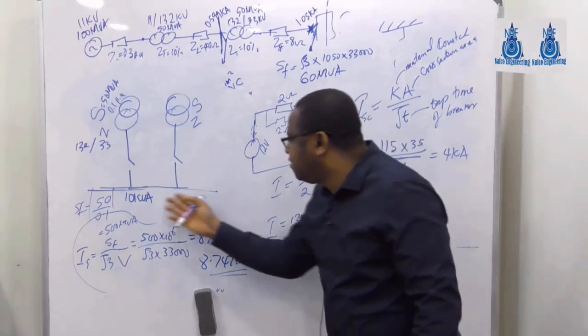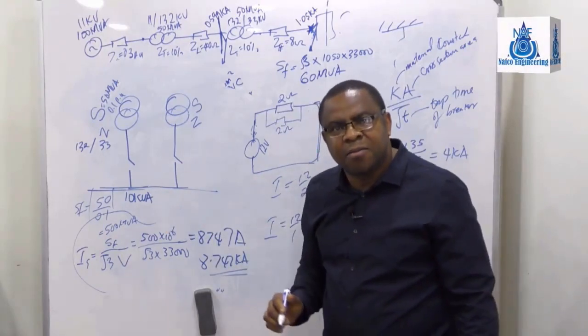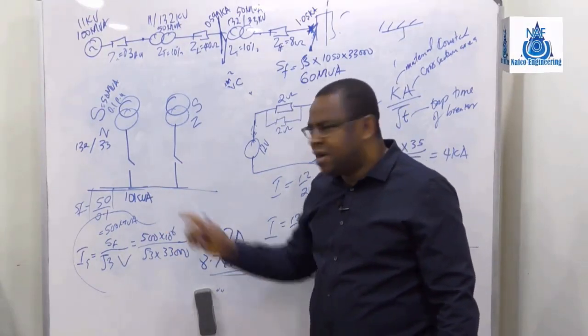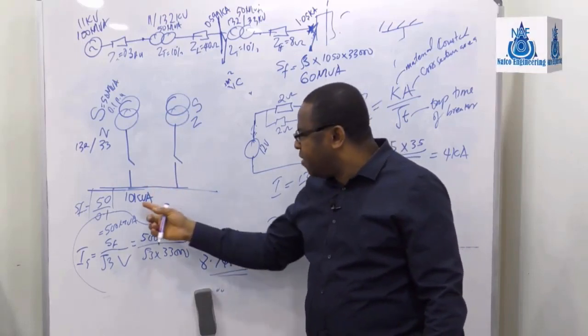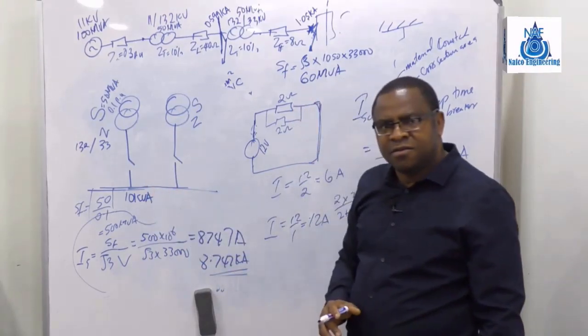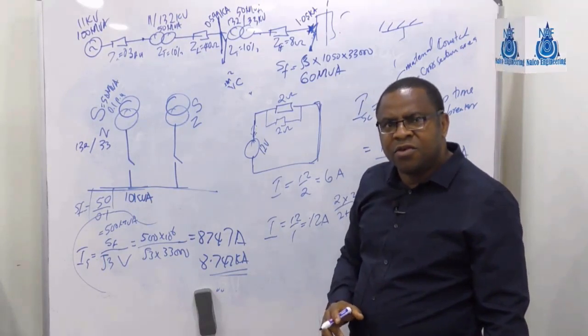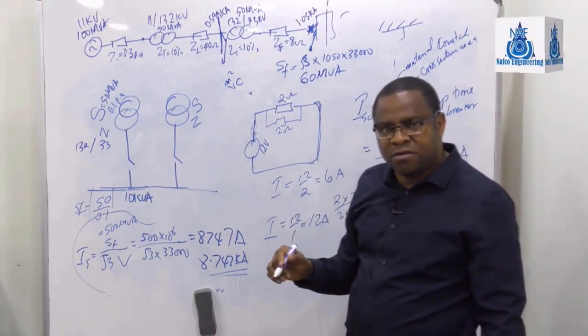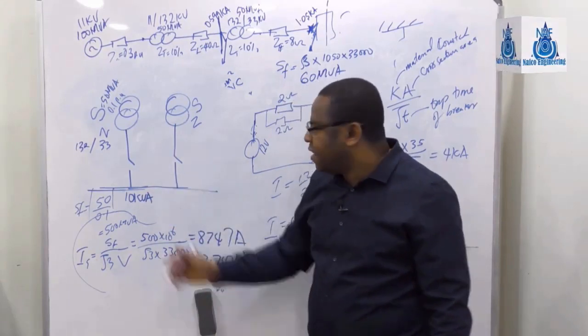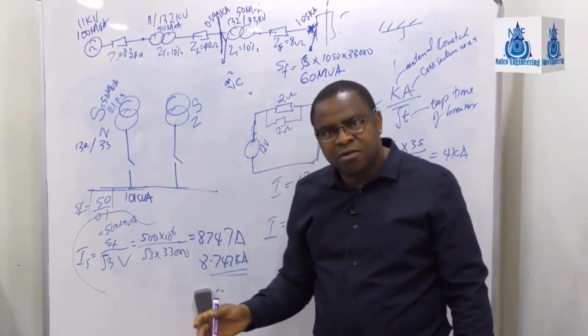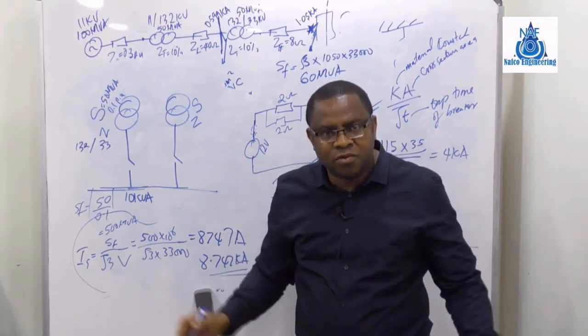And this board is still 10 kA. Now it's 17. That is the fault level at this point, or fault current at that point. But the board did not change. So if there is any fault within the board for this installation, this board is going to explode.